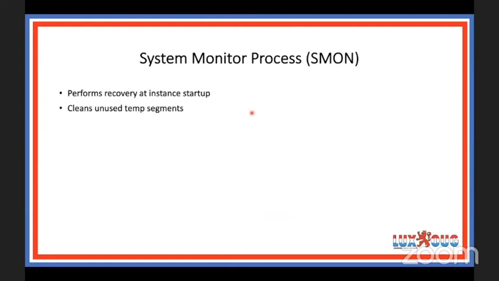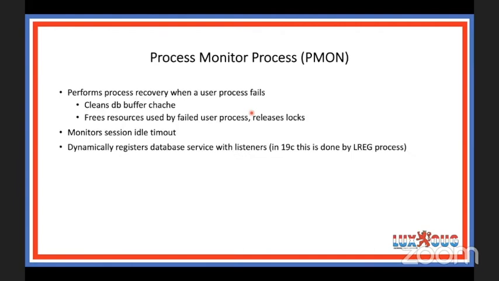System monitor is responsible for performing recovery at instance startup and cleaning unused temporary segments. Process monitor performs process recovery when a user process fails. So when a user is connected and something happens, for example, a network disruption between the client and the database, this user, of course, had some resources allocated.